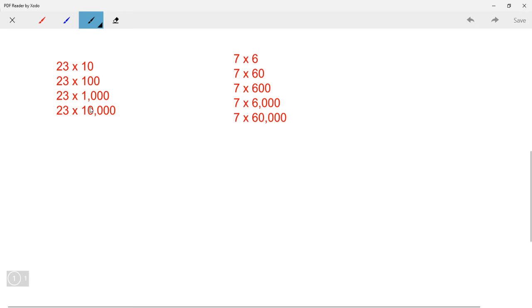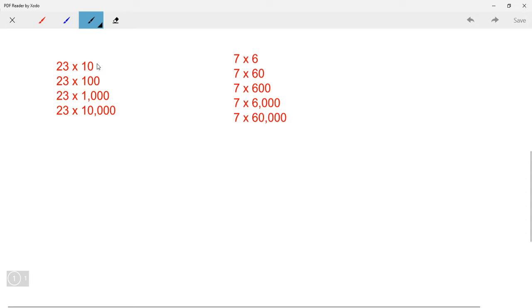Anyway, these are powers of 10. Basically, a power of 10 will be any number that is 1 with a bunch of zeros after it, right?